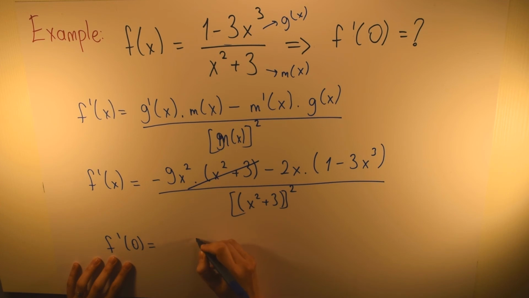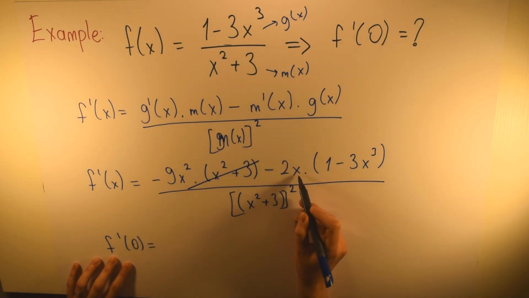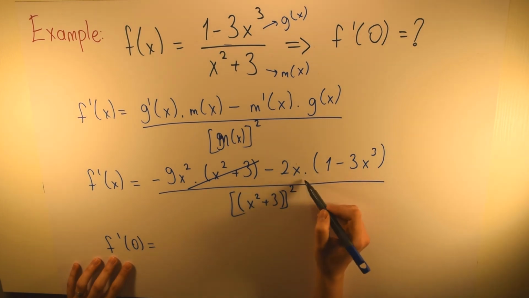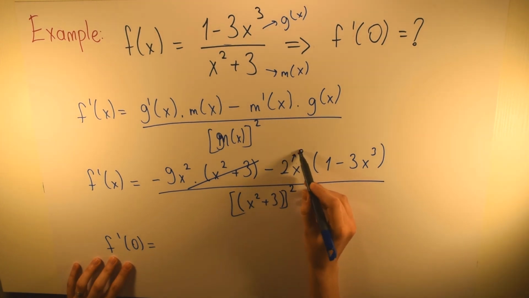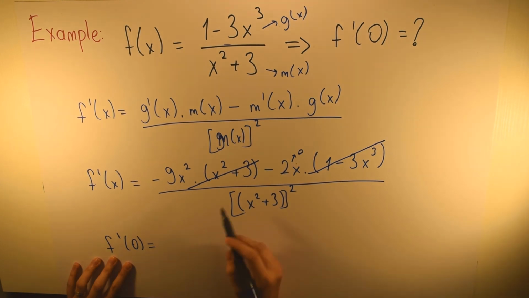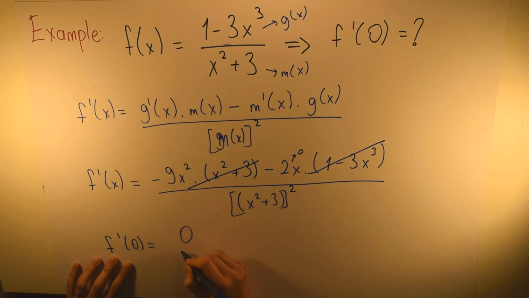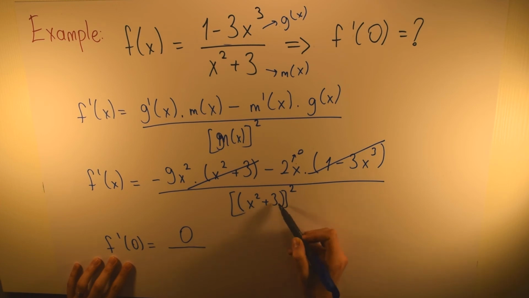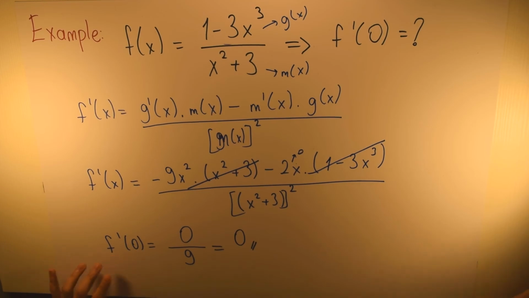So this is equal to 0, and since it's multiplication, this will be 0, so it will all equal 0. So the numerator is equal to 0 over, here we have 0 plus 3, it's 3, 3 squared is equal to 9. So when you divide 0 by a number, this is equal to 0.